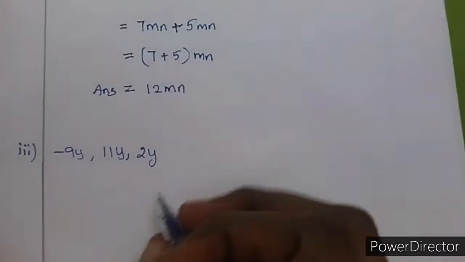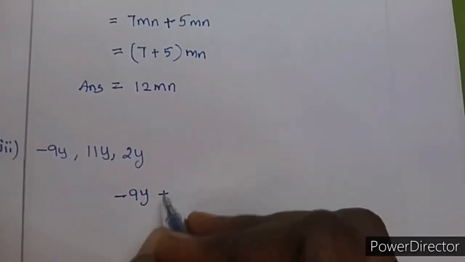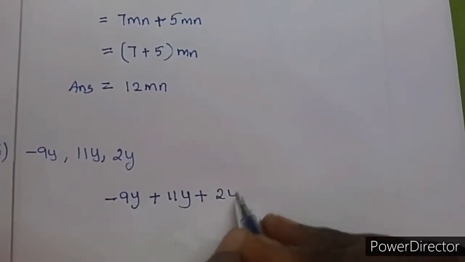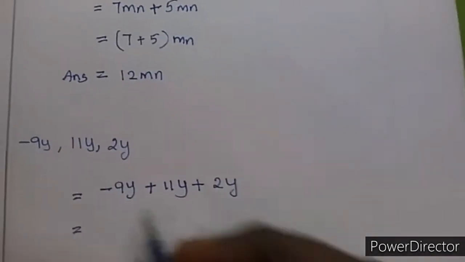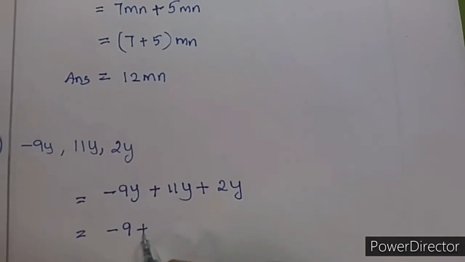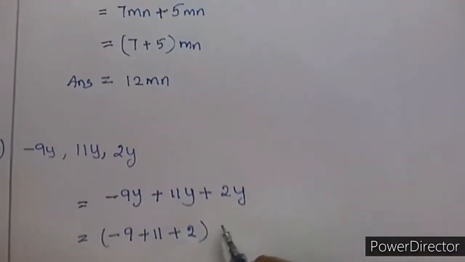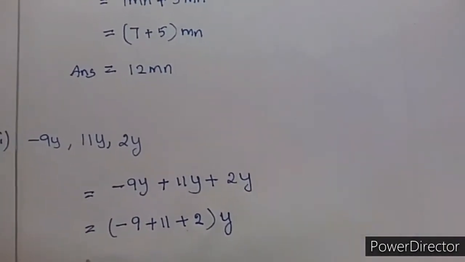Now in subdivision 3, they are given as minus 9y, plus 11y, plus 2y. Now, the numerical coefficients given in the terms are minus 9, plus 11, plus 2, and the common variable is y.